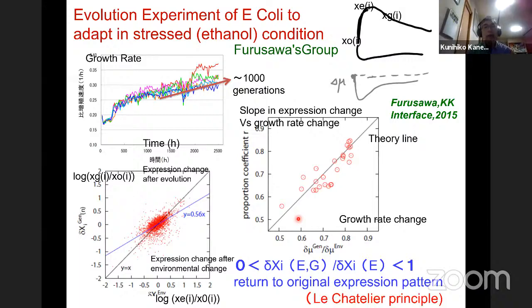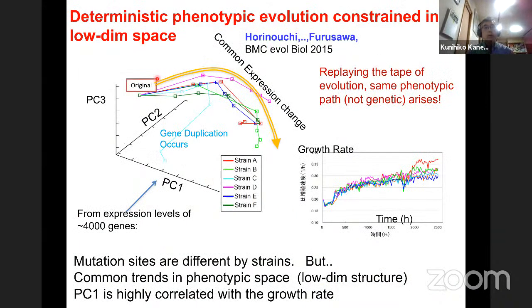And actually, in this experiment, Chikara Furusawa measured PC1, PC2, PC3 along all evolutionary courses, and he repeated many, many experiments. Across different experiments, mutations occur at different sites, but the phenotypic change follows the same curve, the same low dimensional constraint.